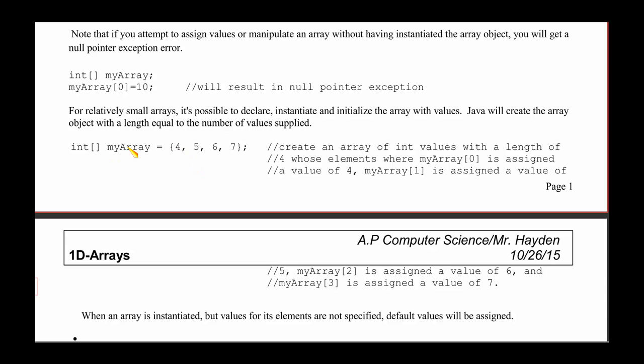So this line of code here declares an array called myArray, makes an object for it that has 4 positions, and the values in those positions or elements are going to be 4, 5, 6, and 7.